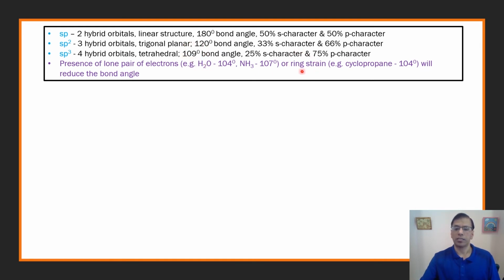Now let's look at some strained molecules such as rings. Cyclopropane is an example. In this case, the bond angle is 104 degrees because of the ring strain. So these are the two factors that will reduce the bond angle from the normal bond angle: one is lone pair of electrons and the other is ring strain.